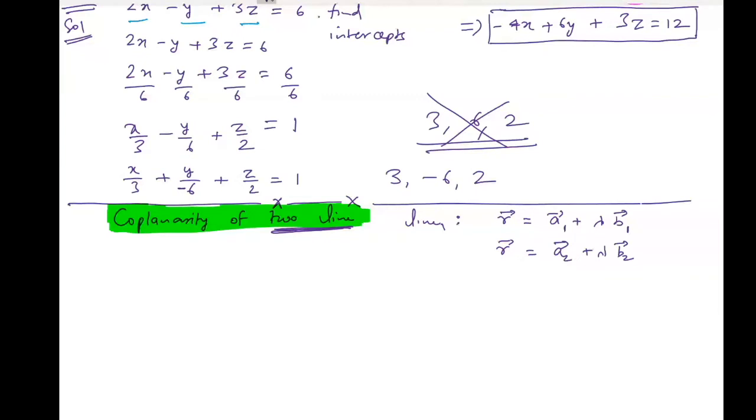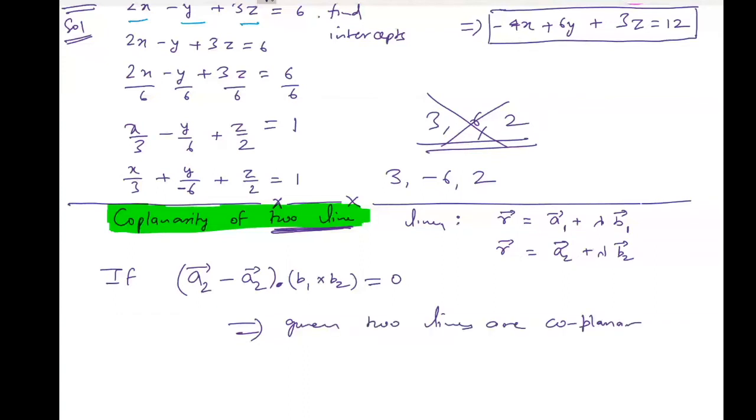There is a condition: you find (a2 minus a1) dot (b1 cross b2). If this comes to be 0, this implies the given two lines are coplanar. So we need to use this formula.